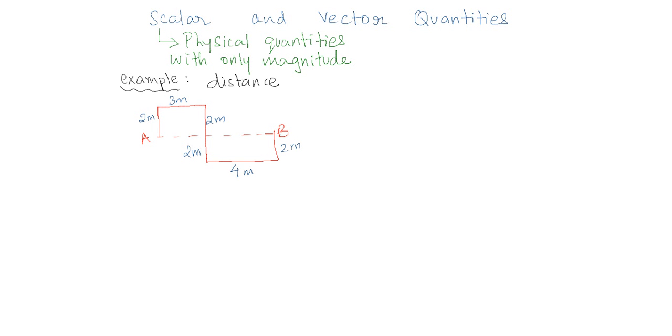Now in this case, the distance can be written as your total 2 plus 3 is 5, 6, 7, 8, 9, 10, 11, 12, 13, 14, 15. So it is 15 meter, because it is total path covered.